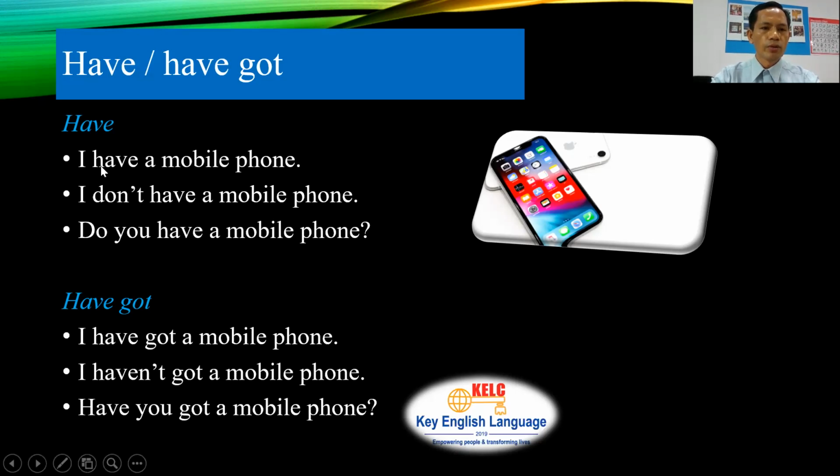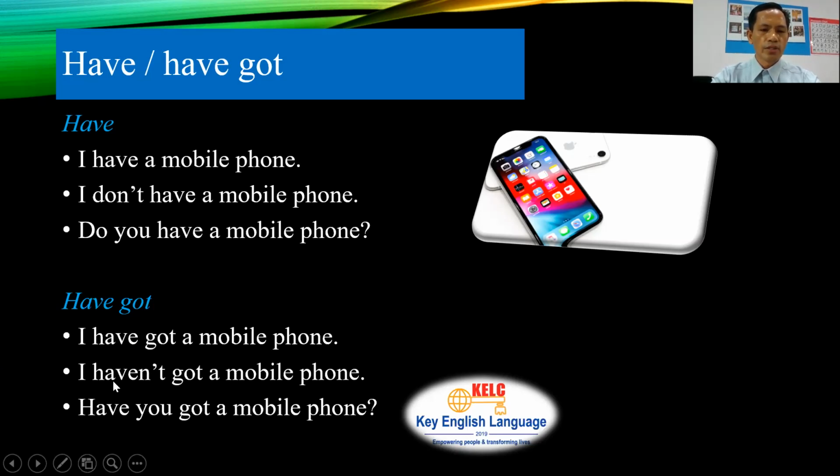If you look at here, in I have a mobile phone, we just use have, but when we want to make the negative form, we need a helping verb. In this case, we use the helping verb do. Also in questions, we need a helping verb: do you have? But it is not the same in have got, because in have got, have is already the helping verb. So we don't need any other verb.